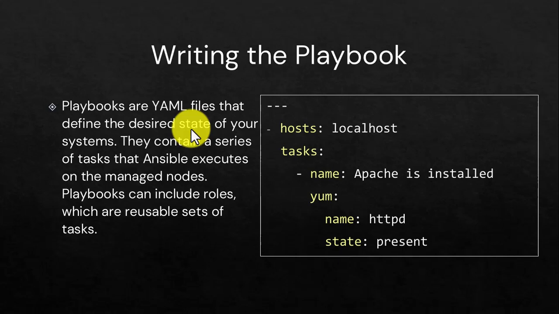There are some parts in this playbook. The hosts part defines the target host, meaning the Ansible host, and the tasks part is a list of tasks we will add here to execute one by one.